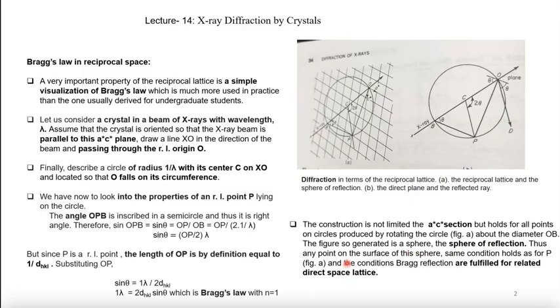Any point on the surface of this sphere satisfies the same condition as P. So this fulfills the Bragg reflection, which we use very much in determining the X-ray crystal structure.